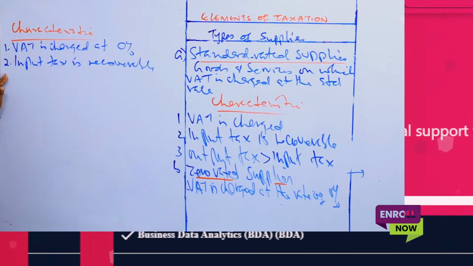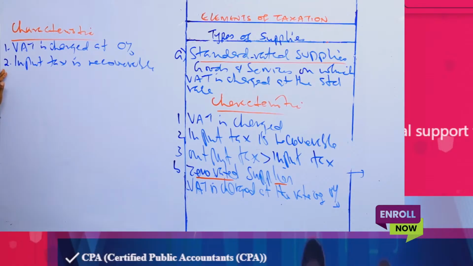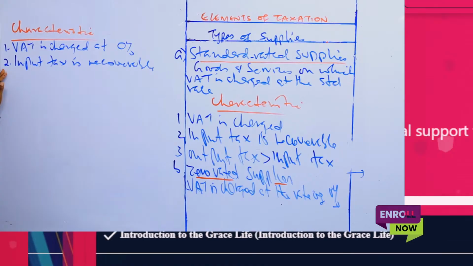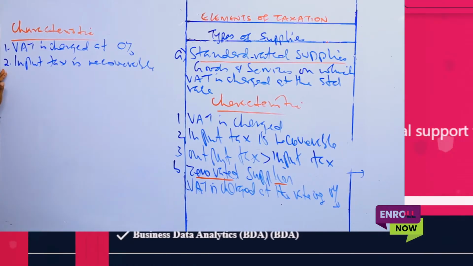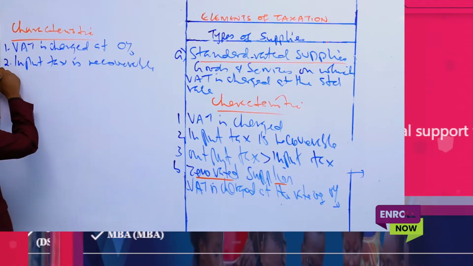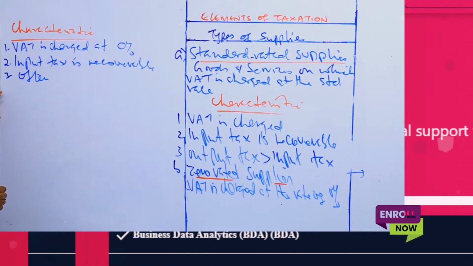Despite charging 0% VAT, a VAT registered person making zero-rated supplies can still claim a deduction for the input tax they incurred on purchases and expenses related to making these supplies. And because of that, they often lead to refunds.